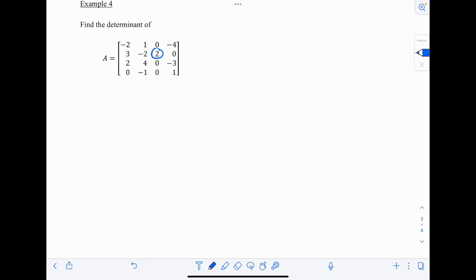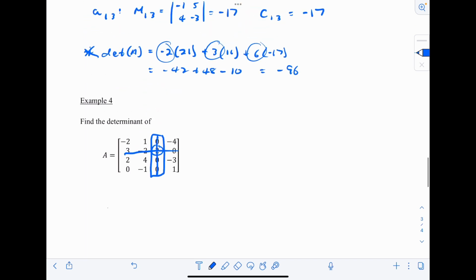Let's go ahead and do that, just to get a little extra practice with this. So I am technically selecting this third column, but I'm going to ignore all but the one entry, because those zeros we can just ignore, okay? So if I cross off its row and column, I'm going to jump right to this last step.